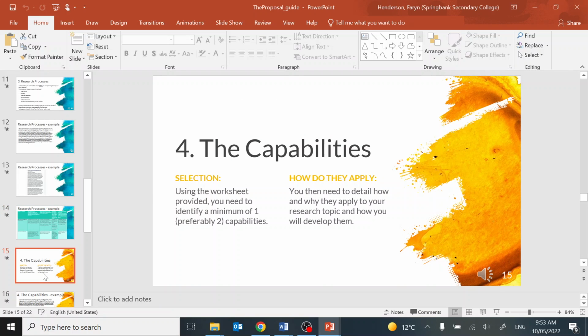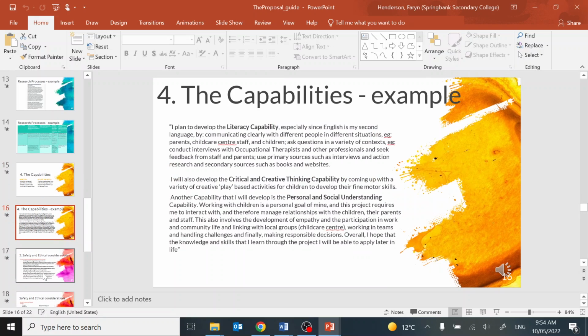Now, the capabilities. The capabilities is a pretty big one. Again, you're talking about linking in to the capabilities written by the SACE board. There are 7 in total, and I'll show you a worksheet that I worked on with my students.